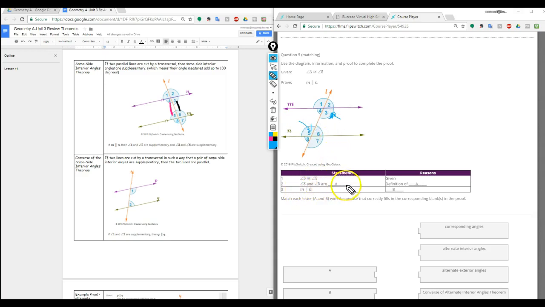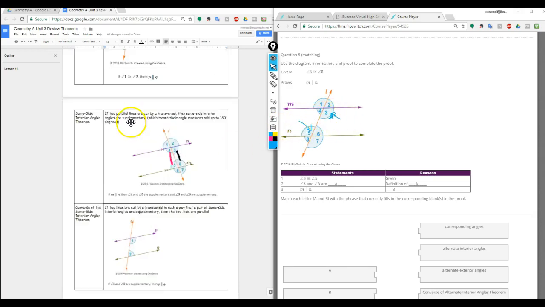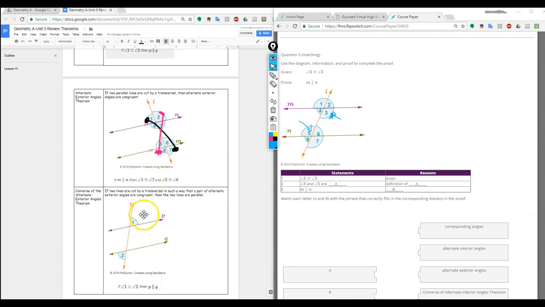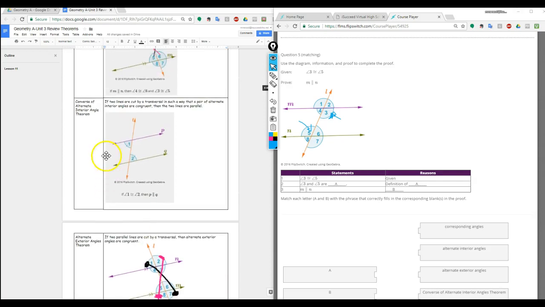Angle 3 and angle 5 are blank, definition of blank. So if I'm scanning the pictures, they are on the inside part and they are on opposite sides. So I need to look for the inside. So alternate interior angles. And this is the converse of alternate interior angle theorem.